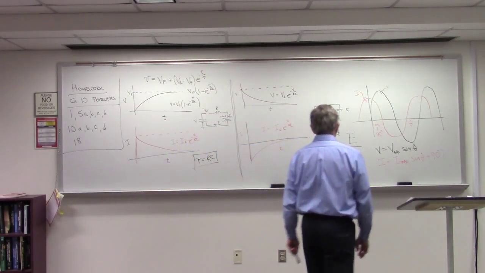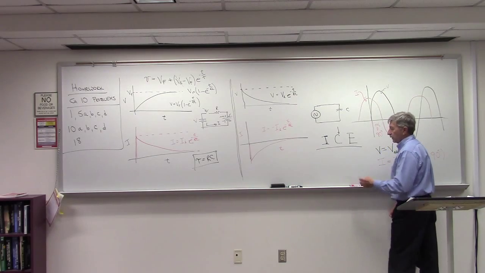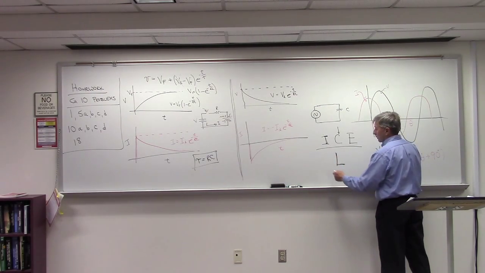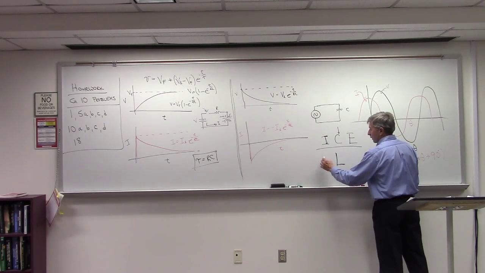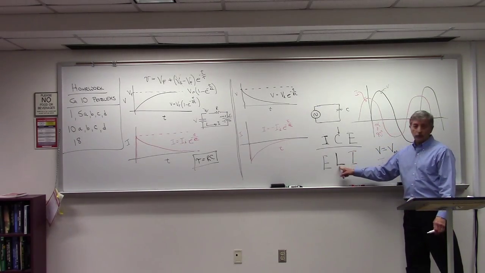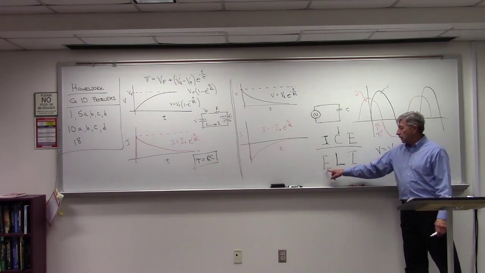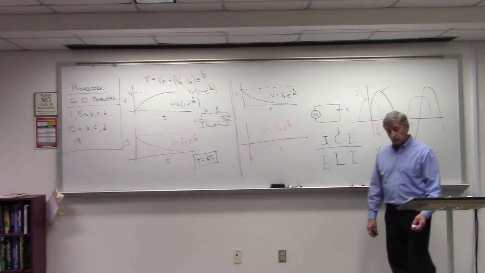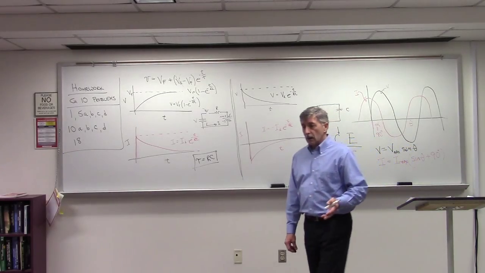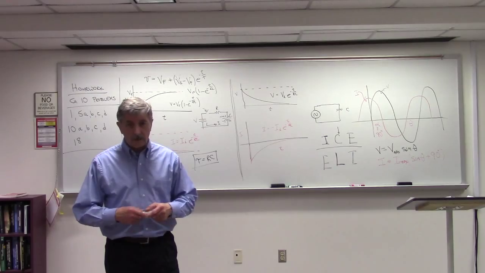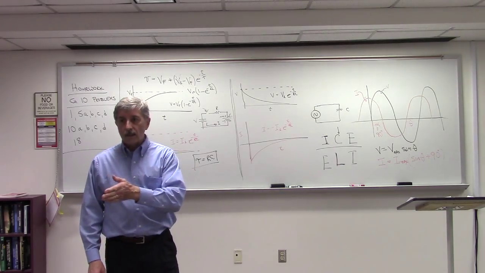When we get to inductors, we're going to have another memory device that I'll show you now, but I'll introduce it later as well. When you have an inductor, the symbol for an inductor is L, and in an inductor, voltage always leads the current. So when I was in school, my professor always drilled it into our heads: just remember the sentence, Eli the Iceman.